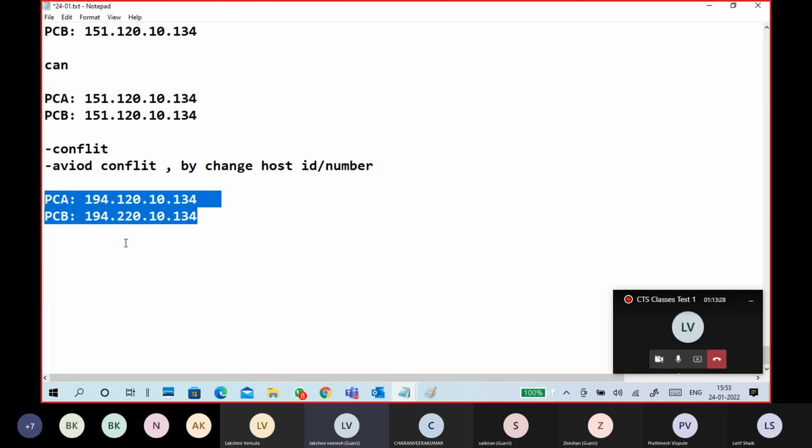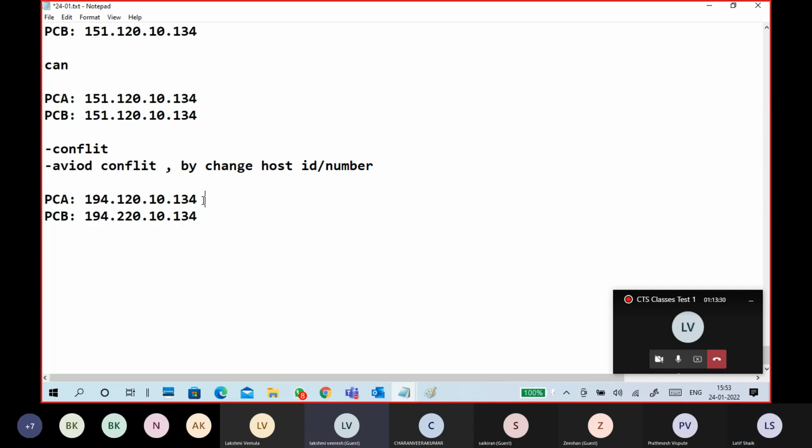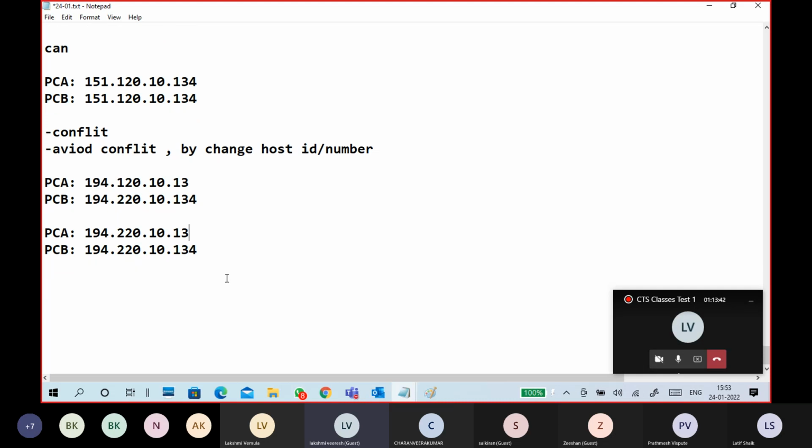Very good. Now, the network portion is the same. Yes, the network portion is the same, so they can communicate with each other.